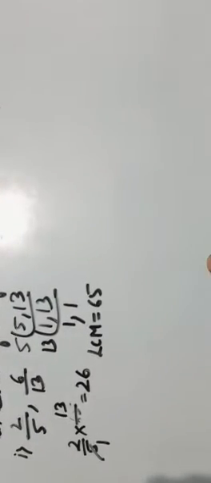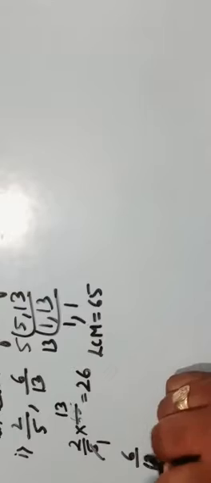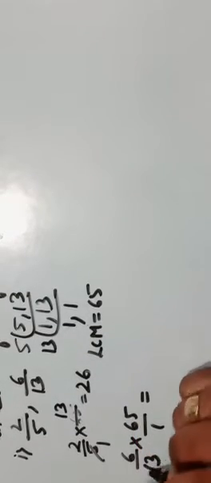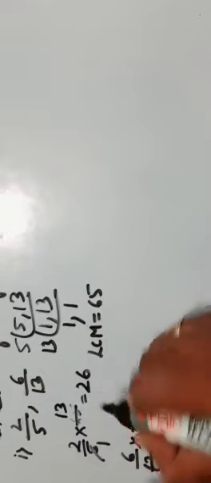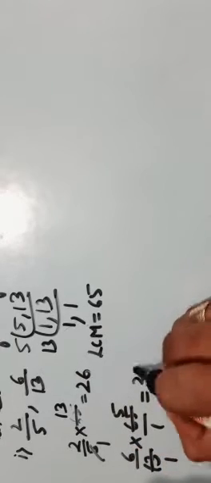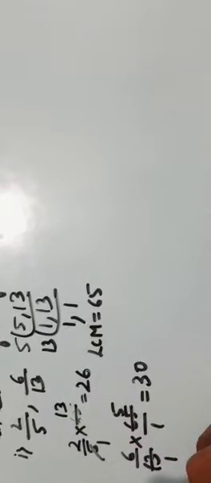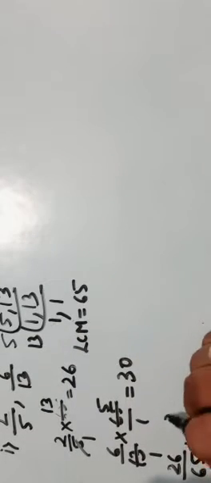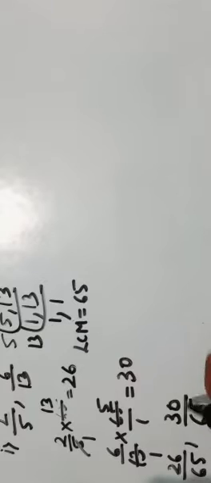Next rational number is 6 by 13, multiplied with the LCM. 13 ones are 13, 6 fives are 30. Therefore, the required rational numbers having common denominators are 26 by 65 and 30 by 65.